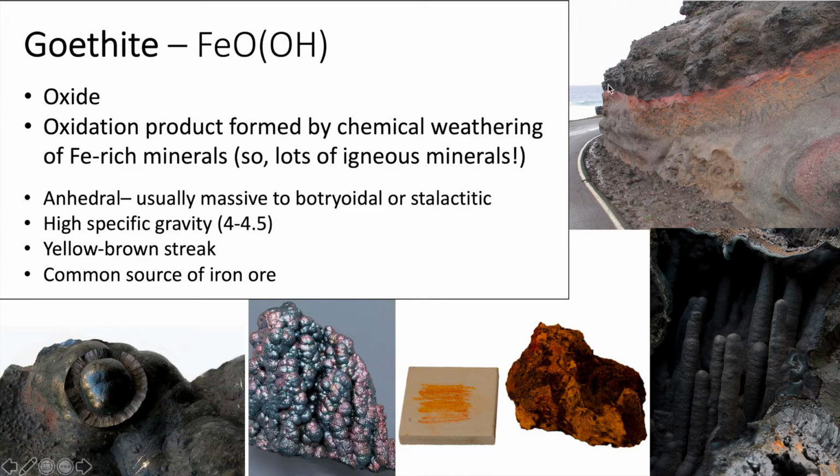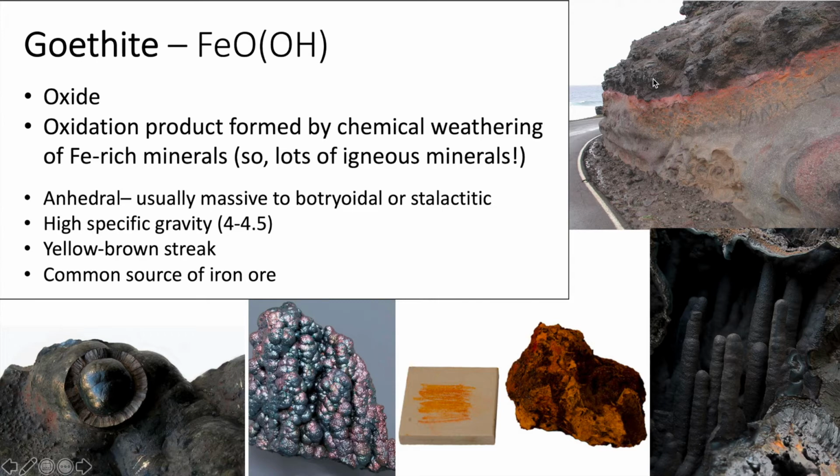So in this upper right-hand picture here, we're looking at a lava flow in Hawaii. So this lava flow gets its dark color from a bunch of pyroxene and olivine. But then this red color that we see in this middle portion here is all goethite that has formed by the weathering of that original lava flow material.